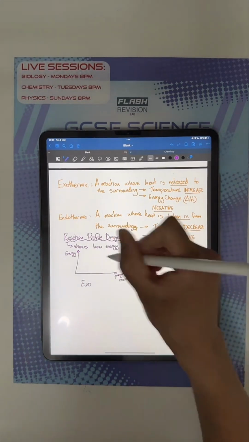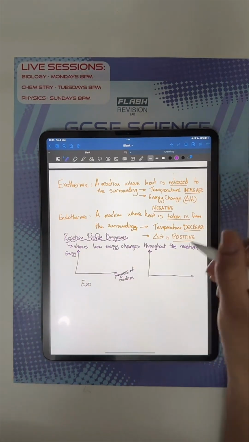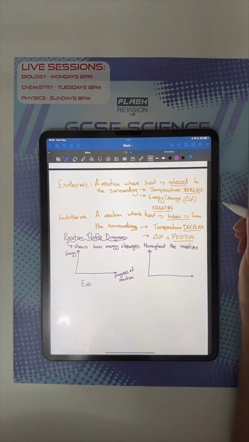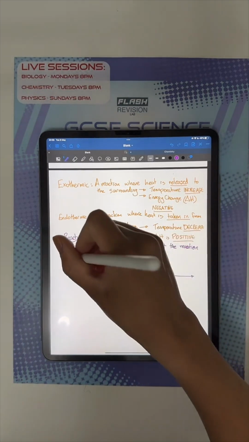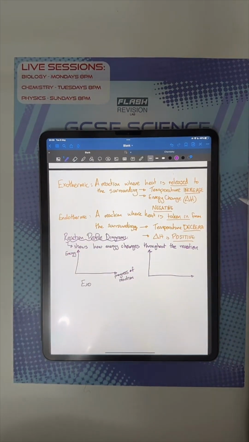So what does it look like for an exothermic reaction? How would I draw it? Let's talk about the energies of the reactants and the products. Reactants high, products low.